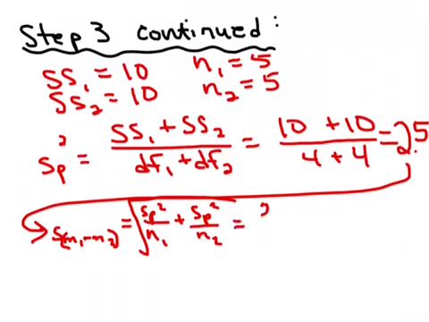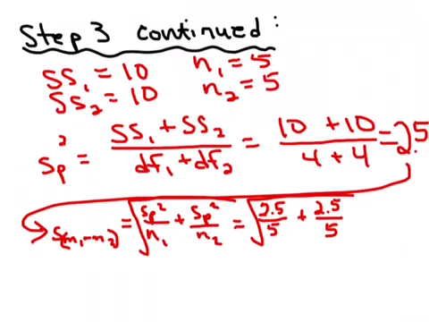So for me, it's 2.5 divided by 5 plus 2.5 divided by 5, all under the square root. Now our order of operations is going to have us do those divisions first, then the additions after, before we take the square root of the entire fraction, or the entire equation there.